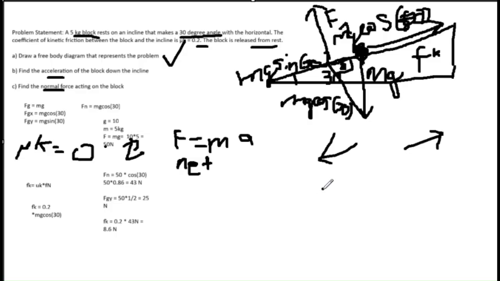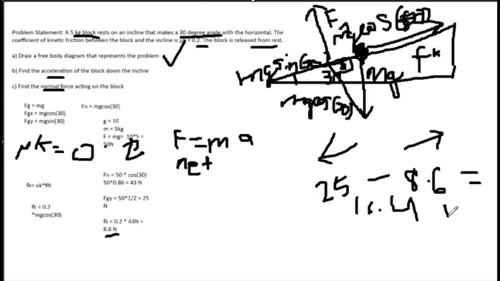Okay, so we would get 25 newtons minus 8.6 newtons would equate to 16.4 newtons. Okay, so plugging this in, 16.4 is equal to 5a, since the mass is 5. Now, if we divide both sides by 5, we would get a equals 3.28. And don't forget your units, so acceleration would equal 3.28 meters per second squared.